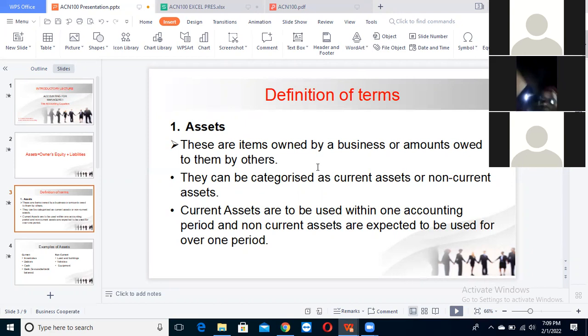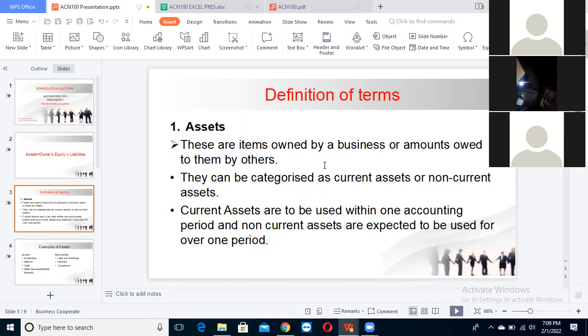Sometimes you find stationery to be assets, but that would be a story for another day. What I'm saying today is an asset is anything that a business owns for the purposes of generating income. That which we own for the purposes of generating income is what we refer to as assets.